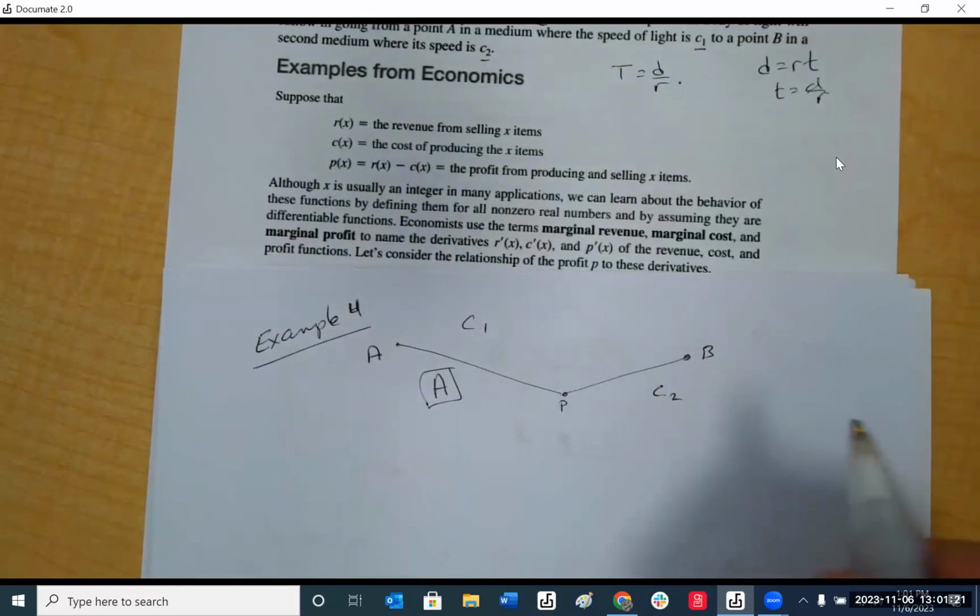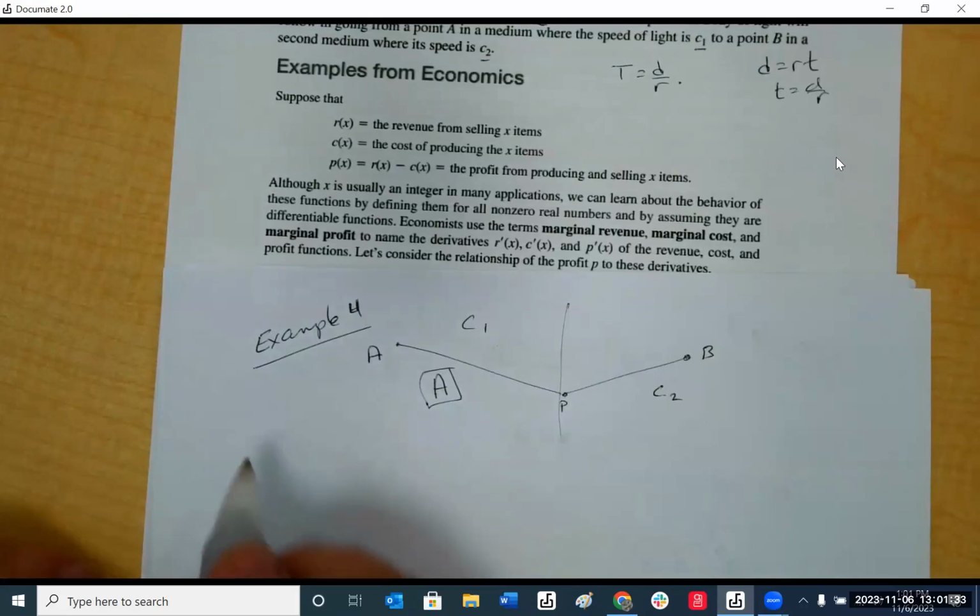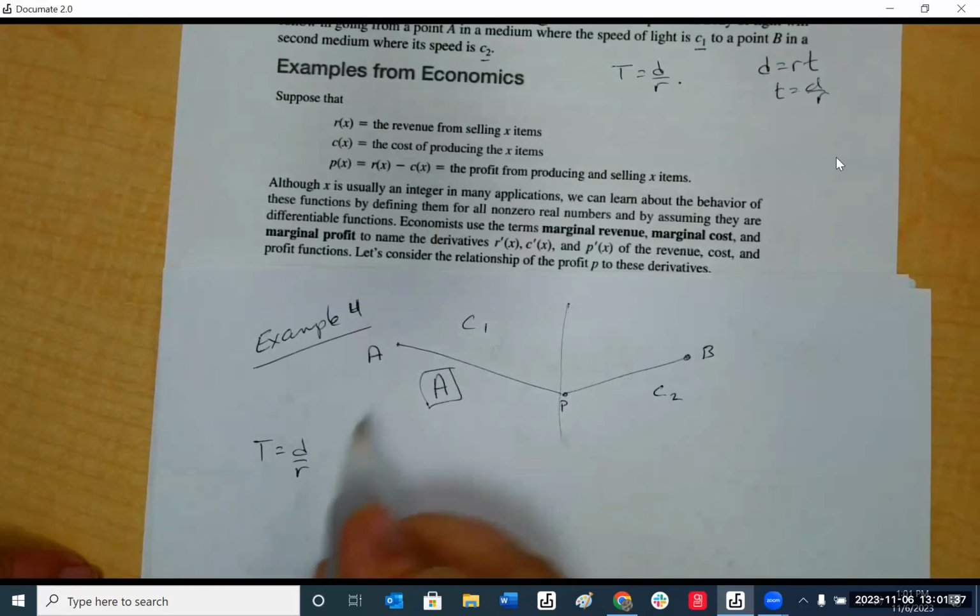There's some point we're going to get to where the mediums change. So time equals distance over rate.